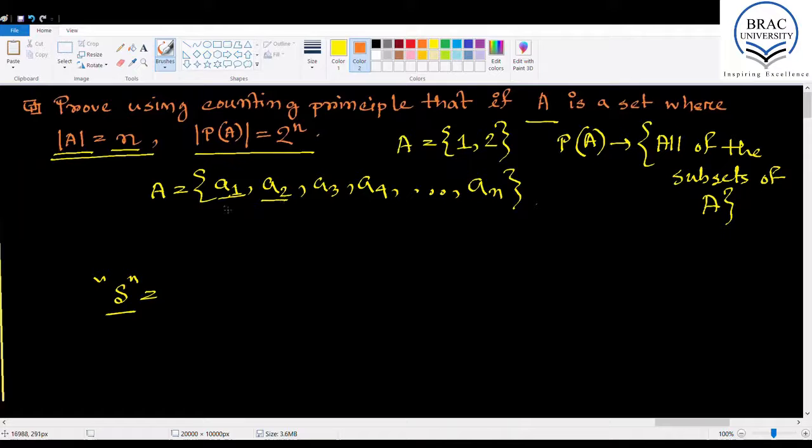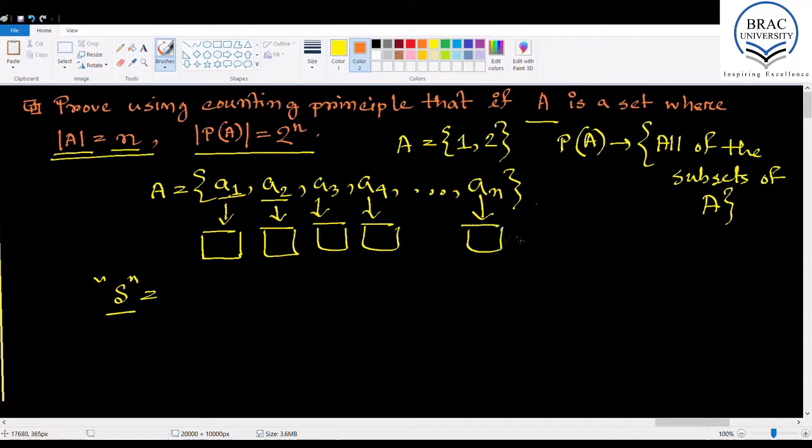So if we want to build a subset of A, let us assign some boxes corresponding to these elements like before. In these boxes we'll put either a tick mark or a cross.